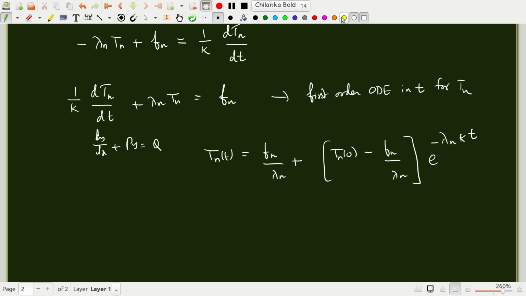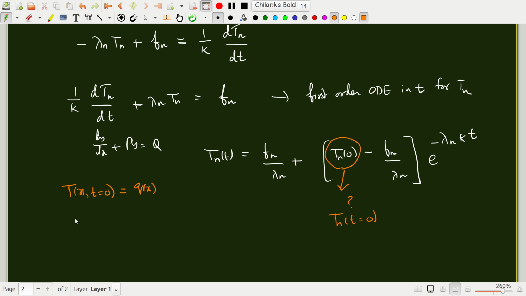Now what is this? What is Tn at time t equal to 0? We know the initial condition: T of x at time t equal to 0 is given to us to be some q of x.